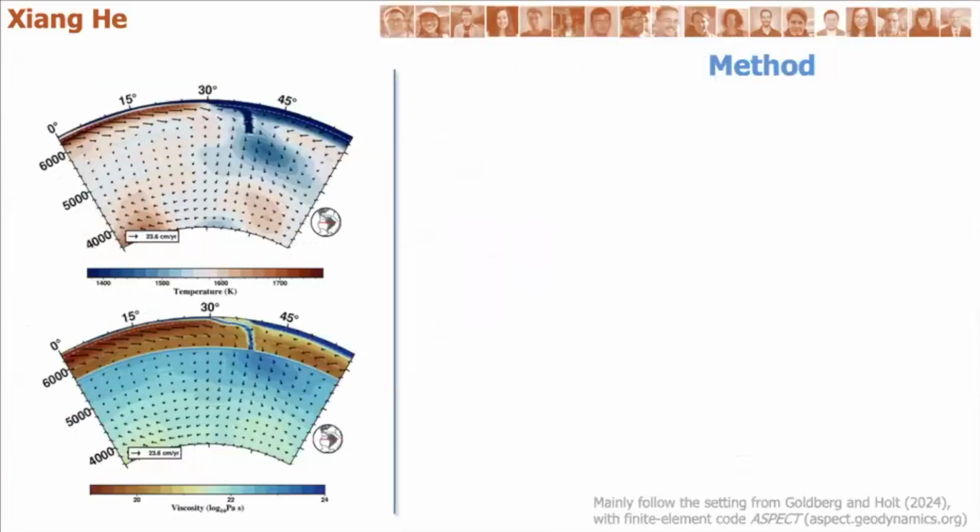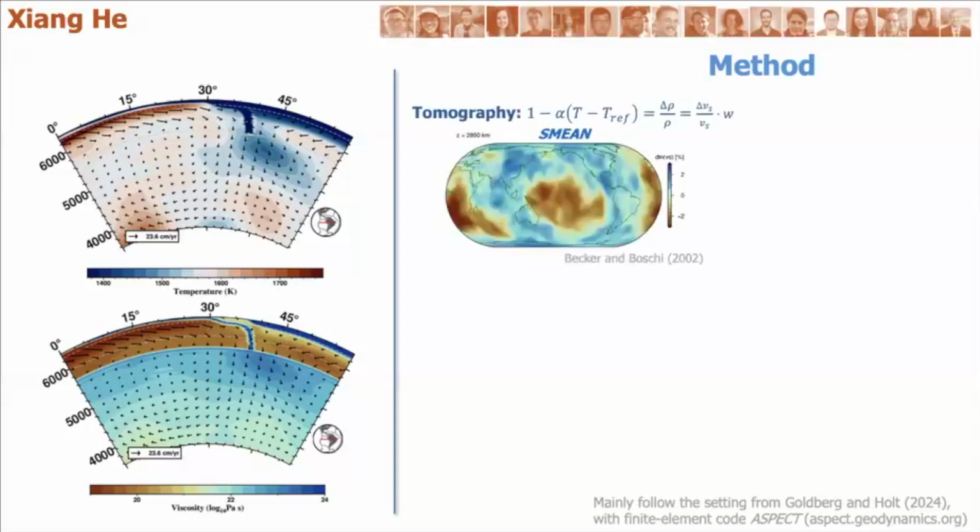Here I use numerical models mainly following the setting from Goldberg and Holt 2024 and use the finite element code ASPECT. First we implement the temperature structure. We convert a tomography model like SEMUCB or other tomography models, using a scaling factor to get the mantle temperature structure.